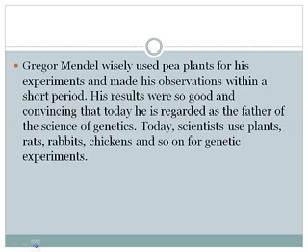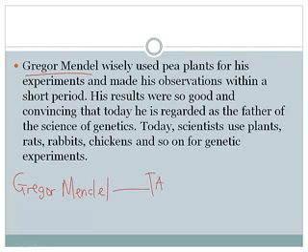His results were so good and convincing that today Gregor Mendel is regarded as the father of the science of genetics. Why? Because he actually gave us proof of genetics.